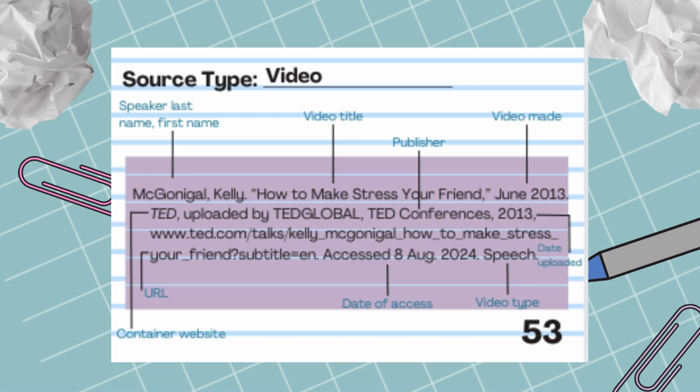Here I have McGonigal, Kelly, How to Make Stress Your Friend, made in June of 2013. The container website was TED, not YouTube, and it was uploaded by TED Global, and the publisher of the website is TED Conferences. The date it was uploaded was 2013, the URL is included, and so is the date of access, and the video type is a speech.